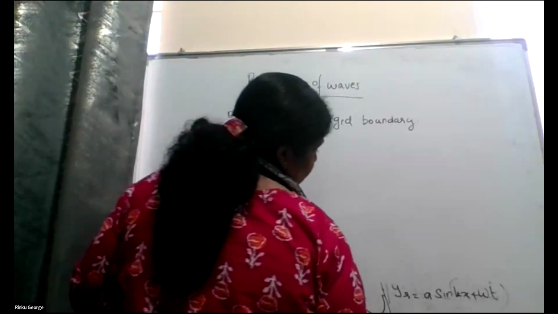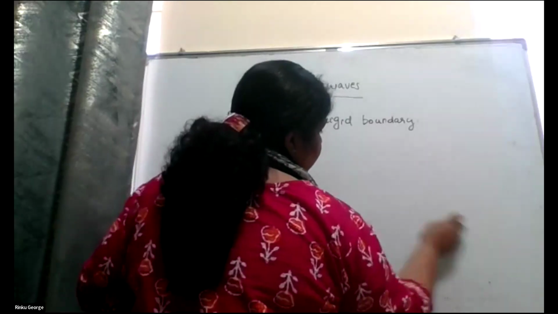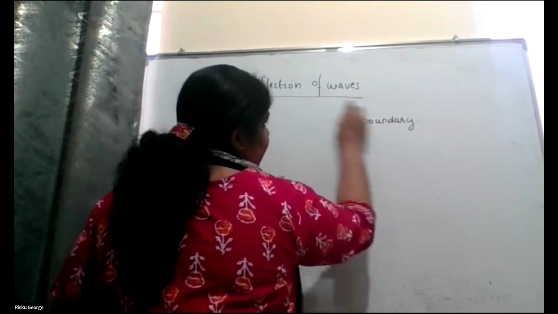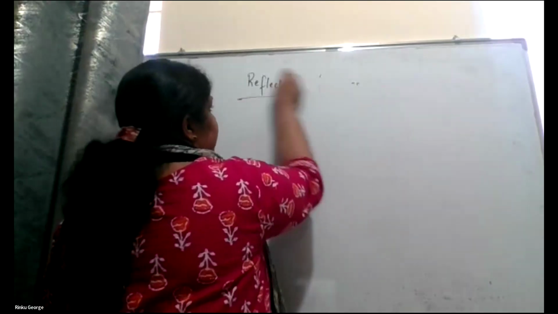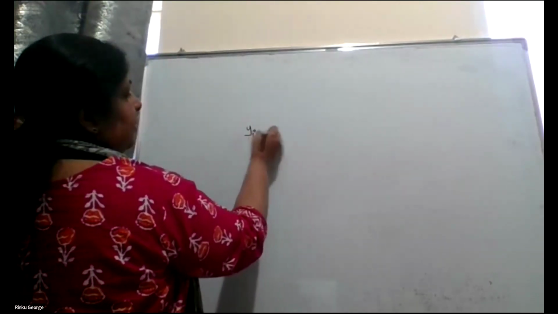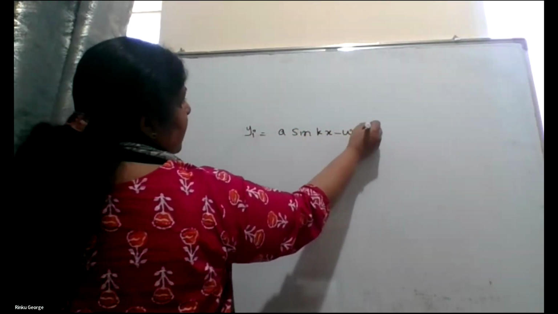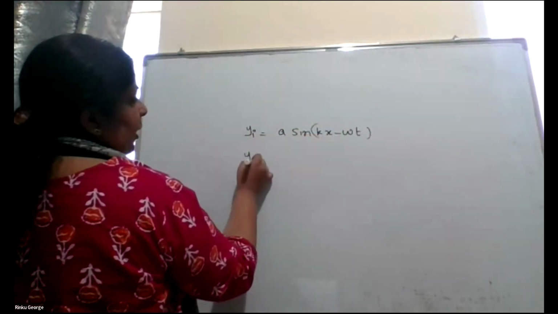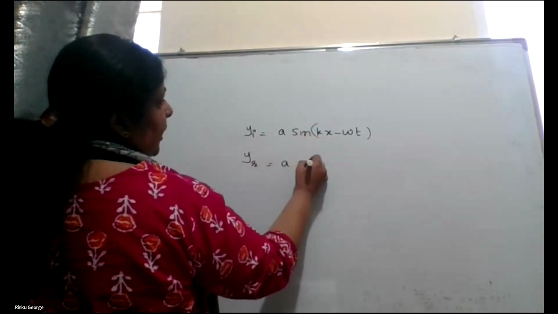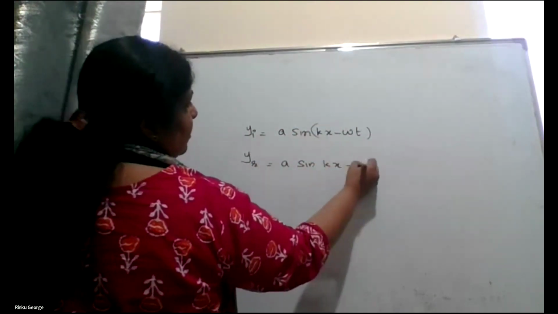For reflection in an open boundary, there is no phase difference between incident and reflected wave. So yi is given by a sine kx minus omega t, and yr, the reflected, will also be given by a sine kx minus omega t.